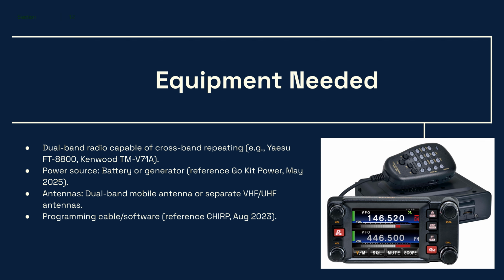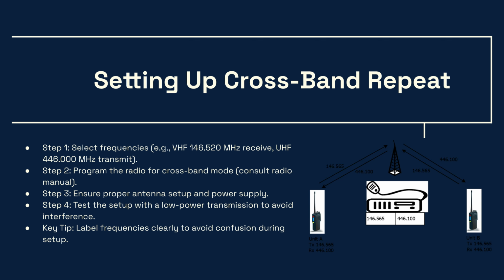Next slide, please. Setting up crossband repeat. Select some frequencies on the different bands. For example, on the VHF 146.520 megahertz, receive and set it up for UHF 446.000 megahertz on transmit. These are just examples. Program the radio for crossband mode.